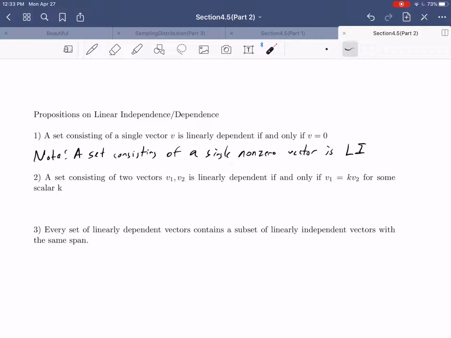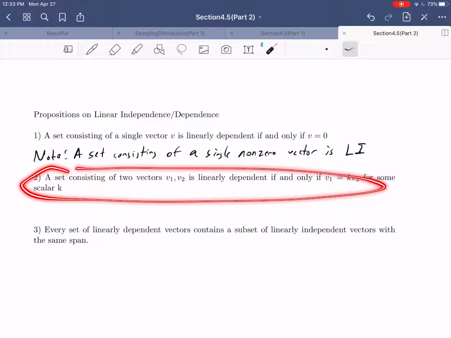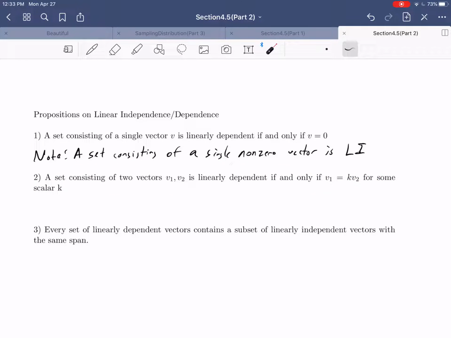So this gives you guys a very fast way of checking whether or not two vectors are linearly dependent. If you only have two vectors, then you can check for linear dependence just by simply examining if one happens to be the scalar multiple of the other. If that's not the case, well, then they're linearly independent. This proposition, of course, only works if you have two vectors.